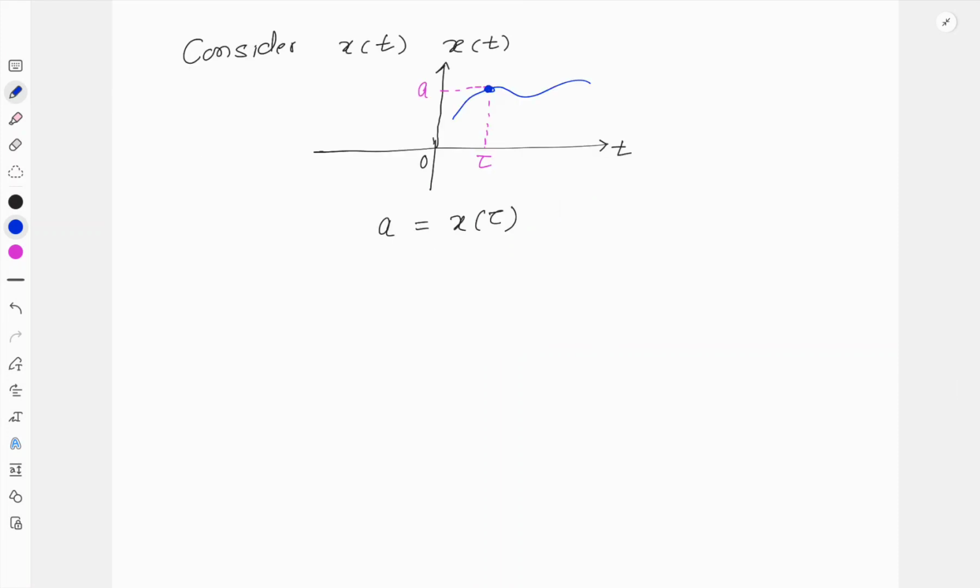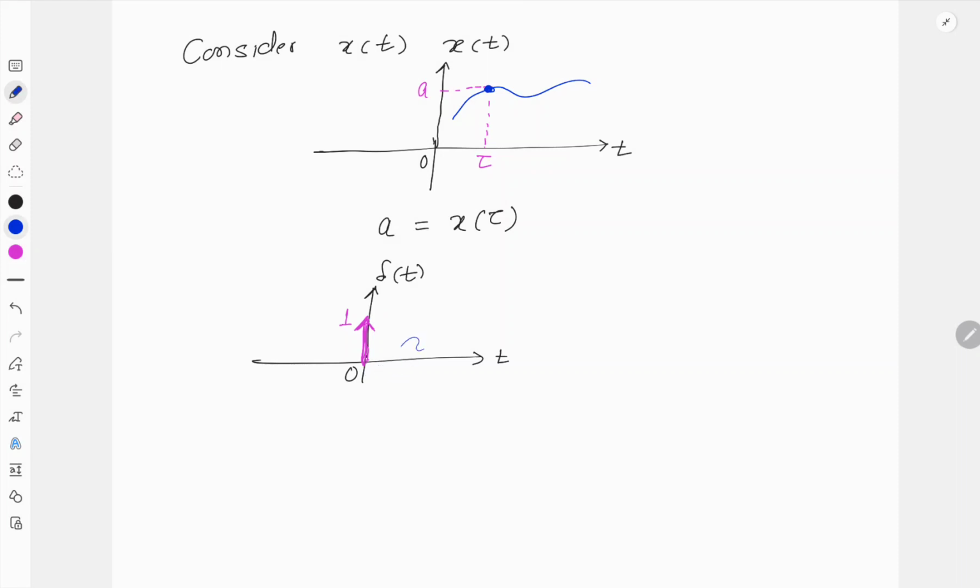An impulse signal is simply a signal with amplitude 1 at origin. If I say this is the time axis, this is the delta t axis, my impulse function has amplitude 1 at origin. So this is a simple signal represented at origin. Now if I multiply this impulse function with the given x of t signal, there won't be any change because the amplitude of the impulse function is 1. But I need to change the position of this impulse function.